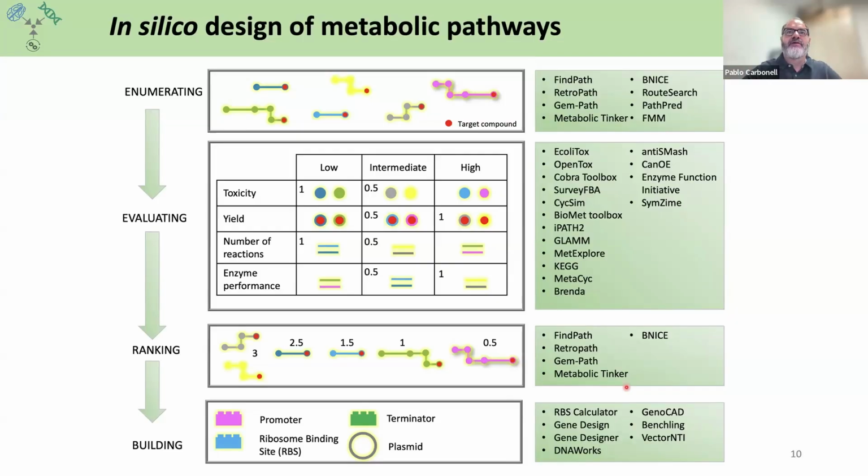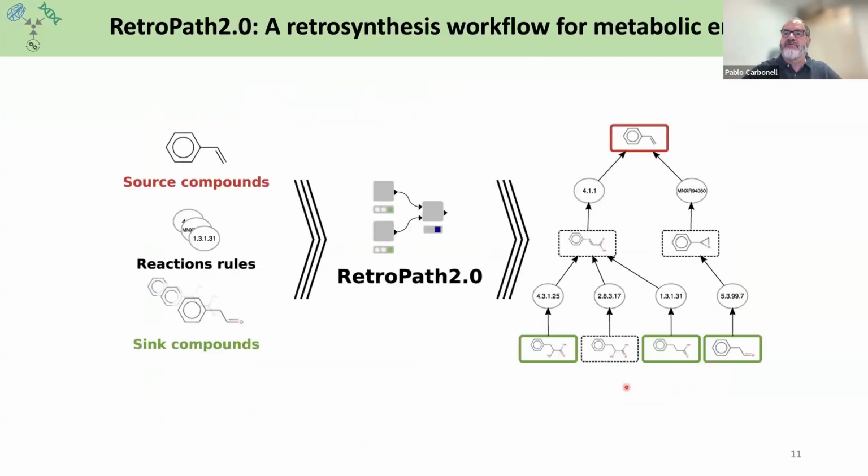And let's see first of all one of these tools, which is RetroPath 2.0. What it does is to look at metabolic pathways that can connect some target compound of interest, because it's one of these chemicals that is useful, and we want to be able to have it produced in a microbial fermentation system or process.